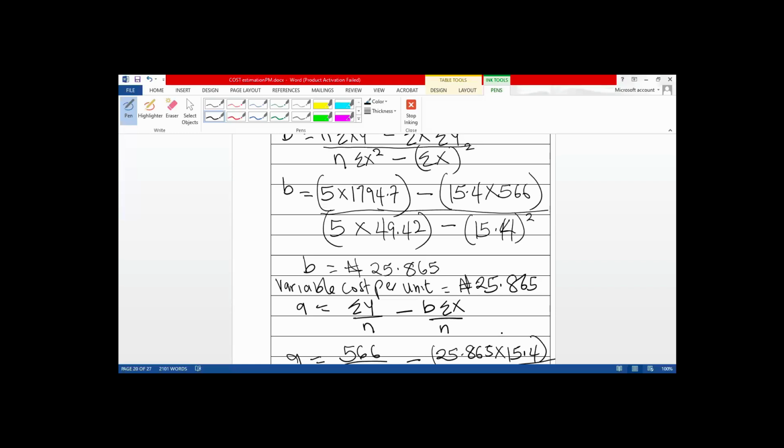We are multiplying by 1,000 because we have scaled down this cost by 1,000. Scale down means we have divided by 1,000 before, for convenience of calculation. Let me go to this table.